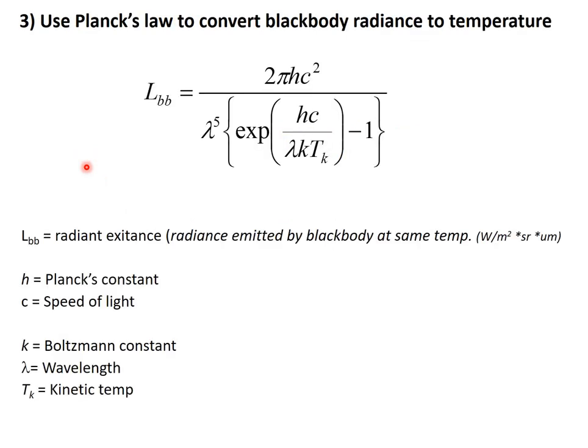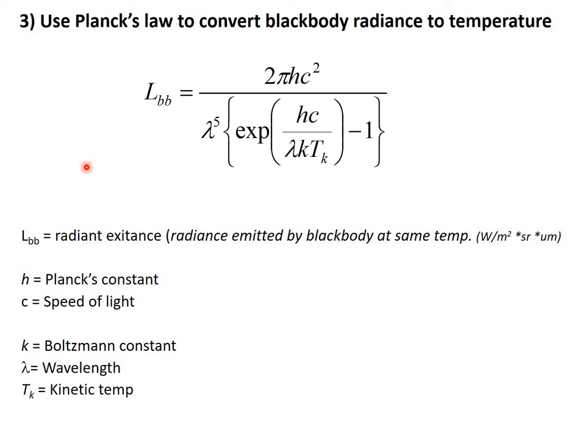So finally, step 3, we're going to convert that black body radiance into a temperature. What we've done up until now is essentially estimate how much radiant energy is coming from this surface.